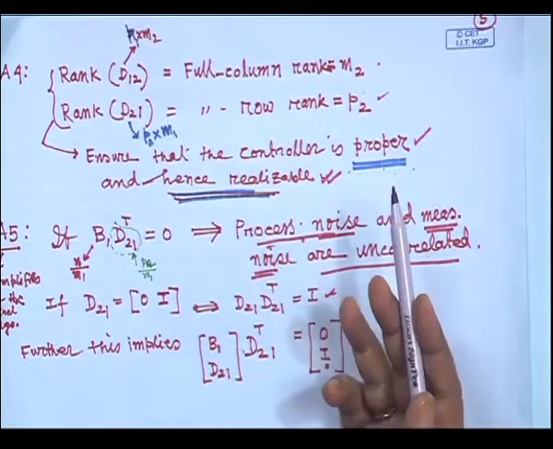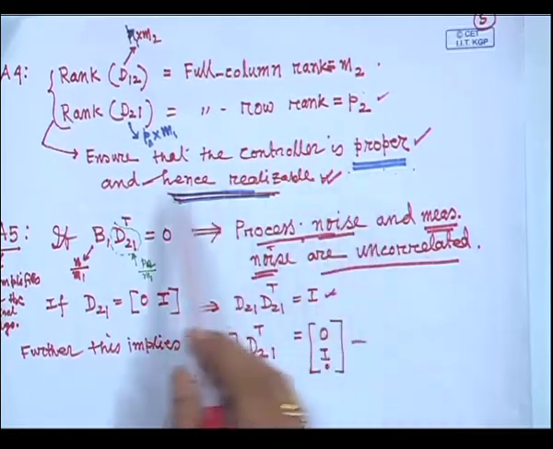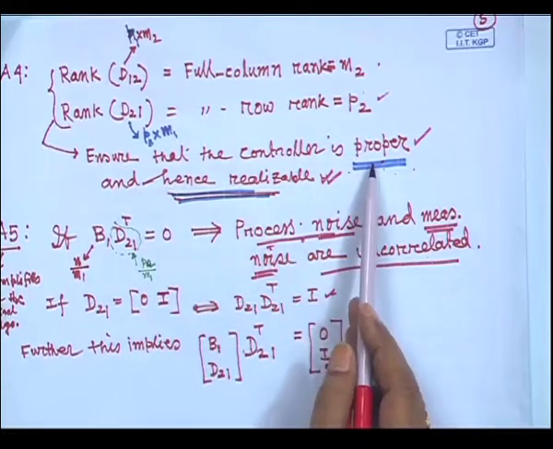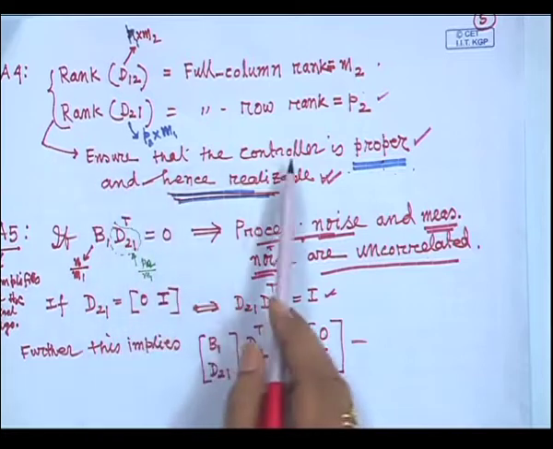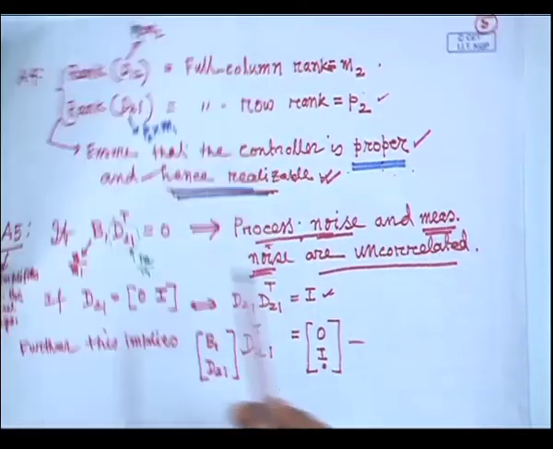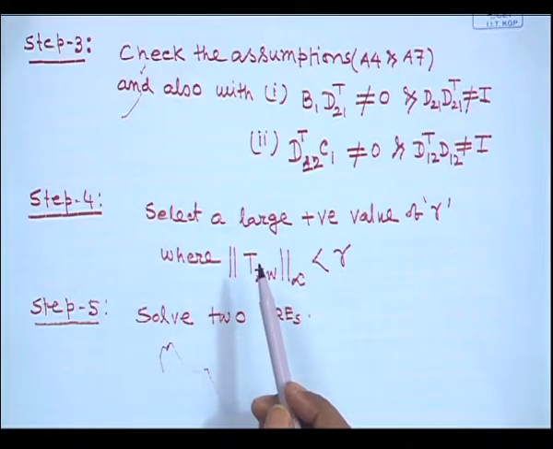Even if it is not proper but biproper, this will give you the proper transfer function of the controller. Hence, you can realize it for A4, A5, A6, A7.